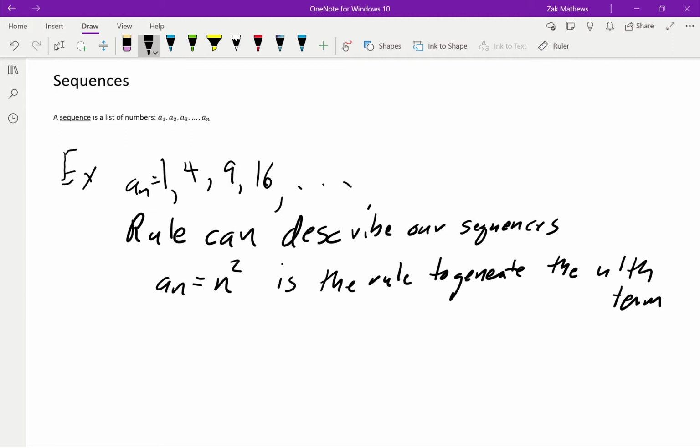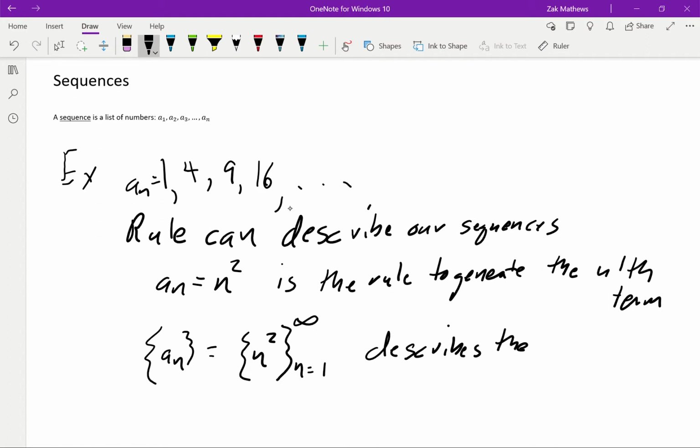So if we wanted to express all these terms, we could use our notation with curly brackets indicating that we have a set of numbers. We'd have the set of numbers in the sequence, where the set would be n squared, and n ranges from n equals 1 to infinity. This would describe the sequence above.